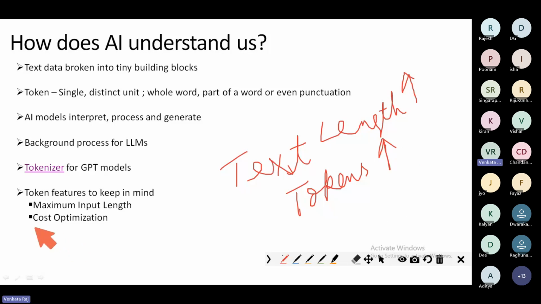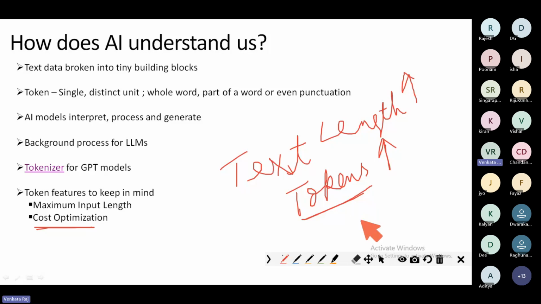And I told you that the LLMs will charge us on the basis of tokens. So we need to keep in mind that the prompts or inputs which we provide should be concise and effective, so we will be able to use fewer tokens for the same thing. When we have effective, concise prompts, it helps us communicate properly with the LLMs, and in the meantime we can get the necessary response from it. All of you clear?